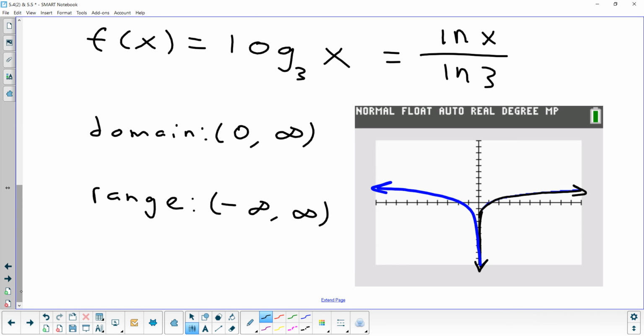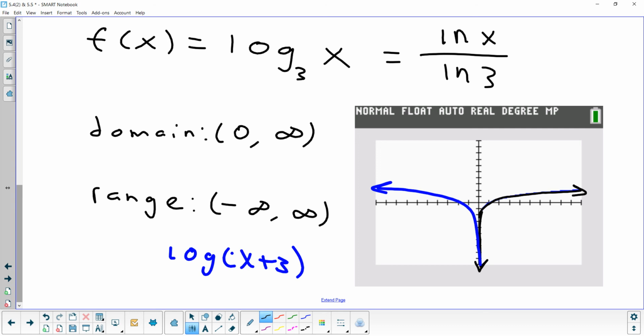Okay. If you shifted it left or right, you'd have to take that into account. Like let's say you have this. Now I would say the vertical asymptote there is at negative 3 because it's been moved 3 units to the left. Okay. So you just have to take that into account if you shift.